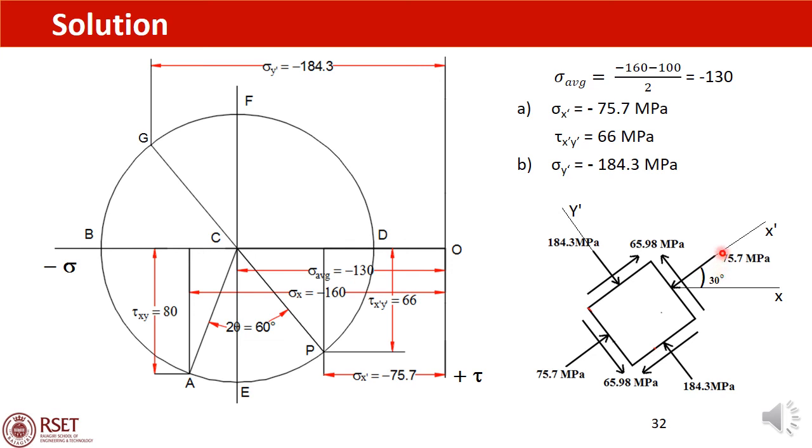Now the new stress components are, along the x dash axis we have the normal stress component 75.7 megapascal, which is a compressive stress, and along the y dash direction, we have the normal stress component 184.3 megapascal, which is also compressive, and the shear stress component tau x dash y dash is 65.98 megapascal, and that completes the solution to the problem.